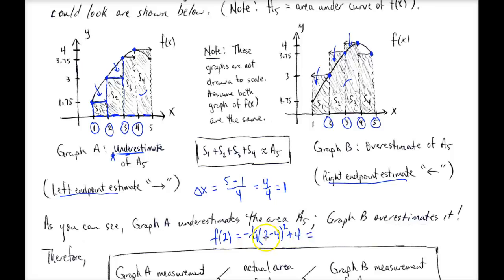Here I know that 2 minus 4 is negative 2, and negative 2 squared is 4. And negative 1/4 times 4 is just negative 1. Then if you add 4 to that, you get 3. So that's how we got this number here, and that's how we know that the height of the rectangle S sub 2 is 3.